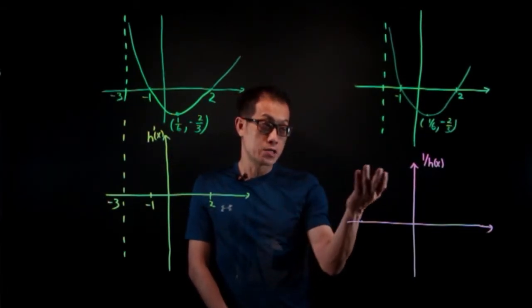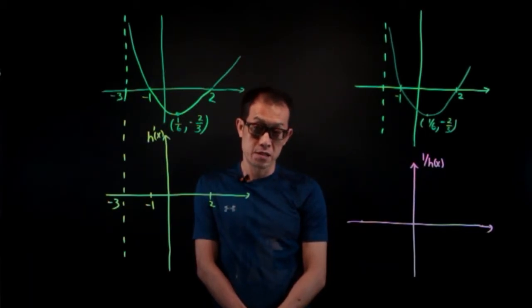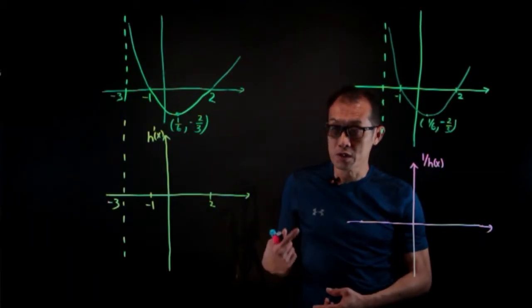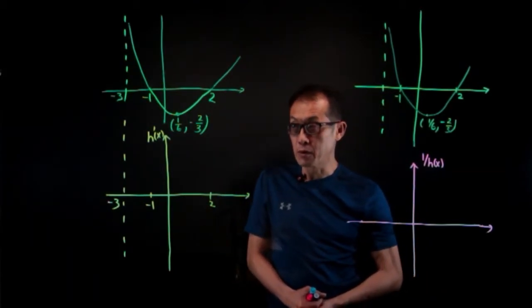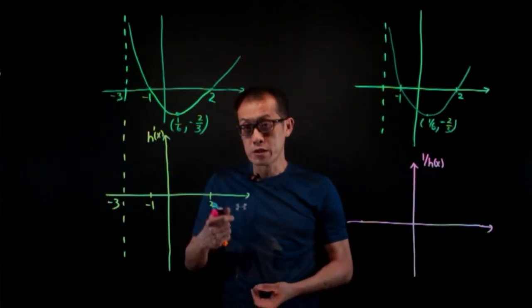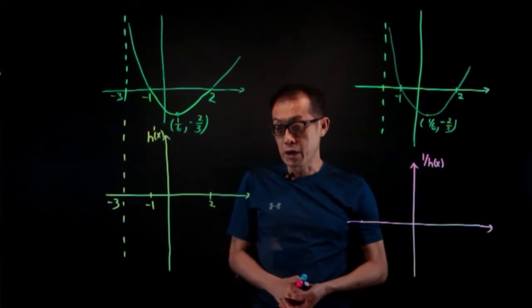And also you are asked to sketch 1 over h of x. In both graphs, you are asked to also state the coordinates of the turning points and also the asymptotes. Now we shall start off with sketching the graph of h prime x.